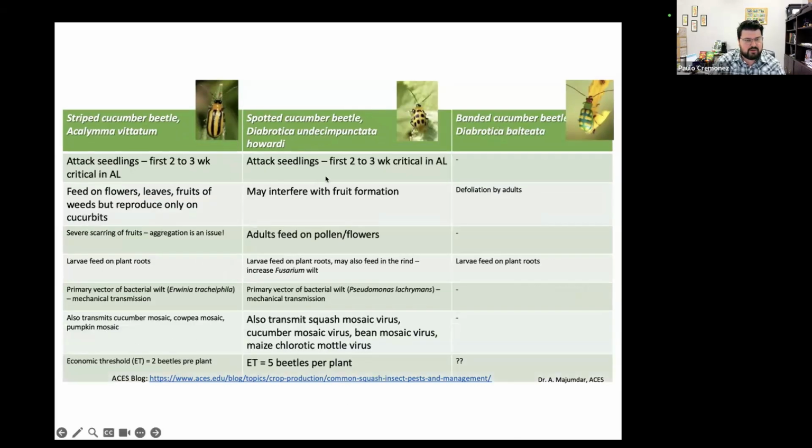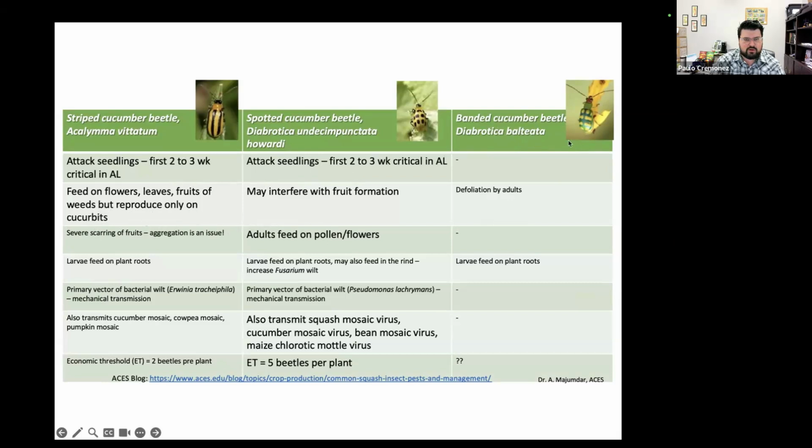So the striped and the spotted cucumber beetle attack the seedlings in the first 2 to 3 weeks in Alabama. So this is a critical stage for control. The striped cucumber beetles also aggregate on the flowers, leaves, and fruits of weeds, but they only reproduce in the cucurbit system.